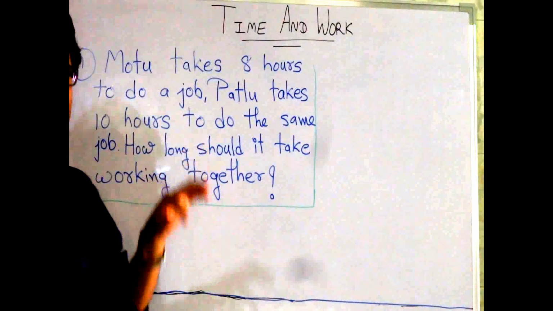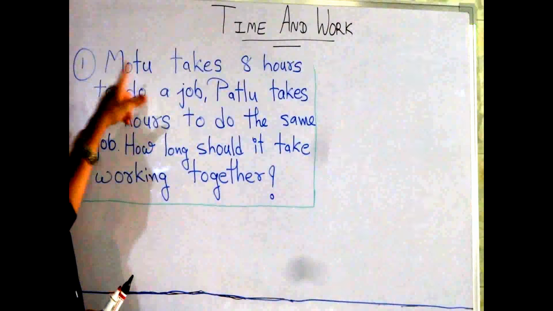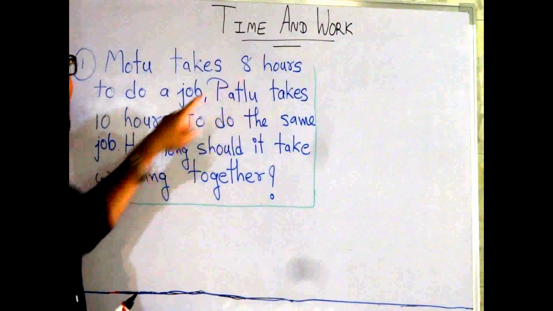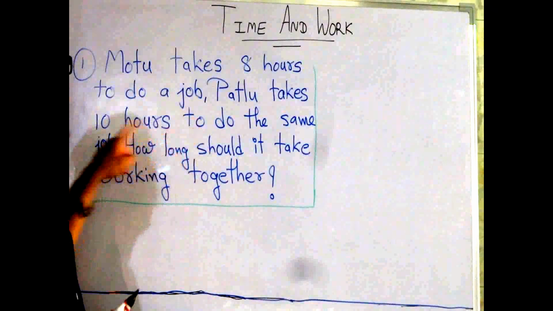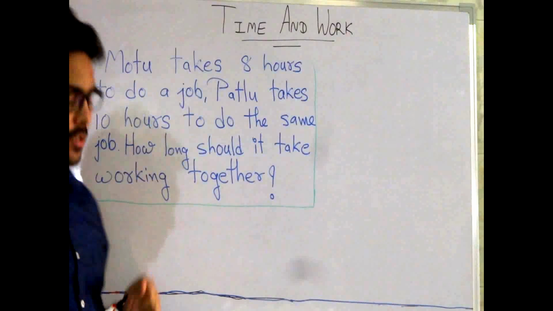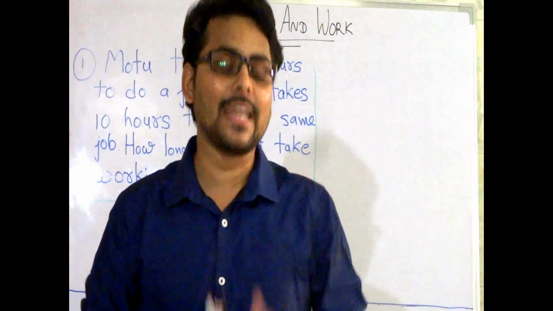Generally Patlu takes less time, but our Patlu is lazy, so Motu finishes faster. How long should it take working together? So if both are working together, how long should it take?